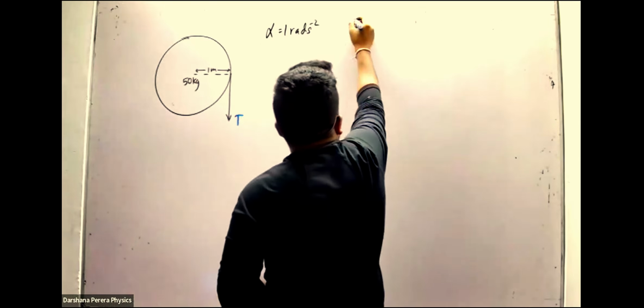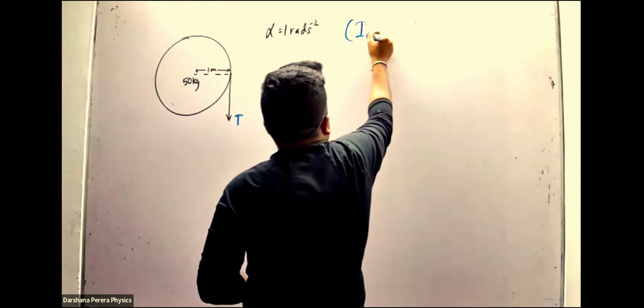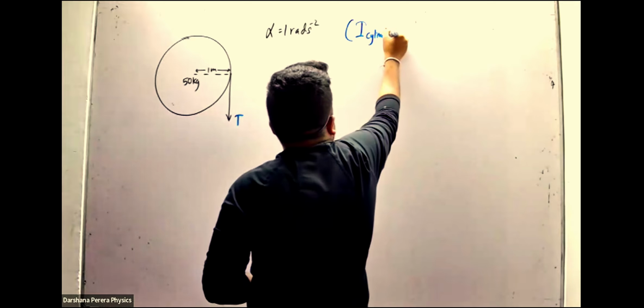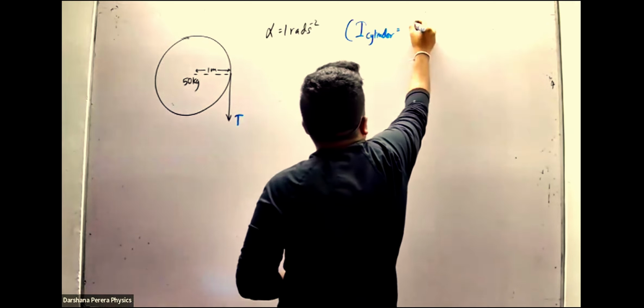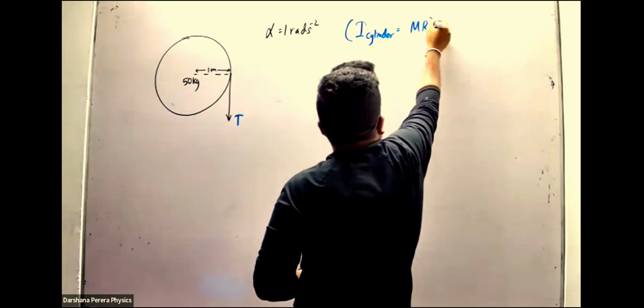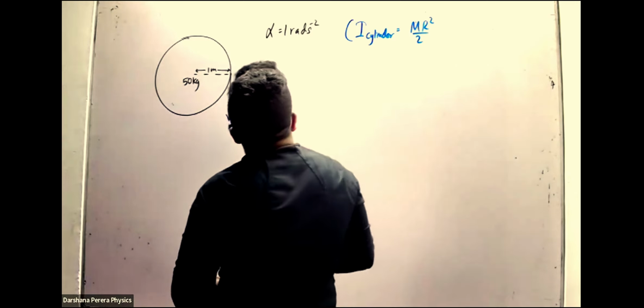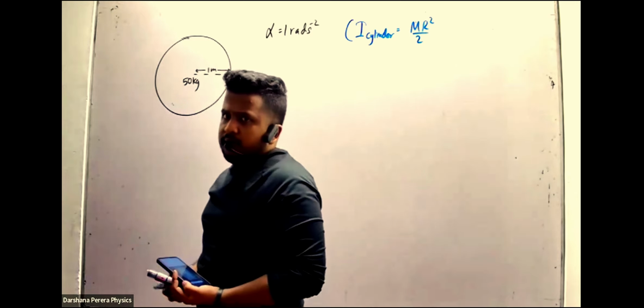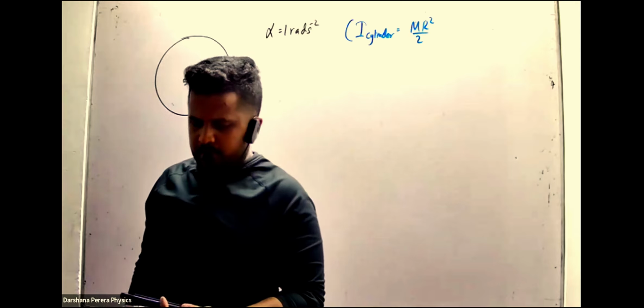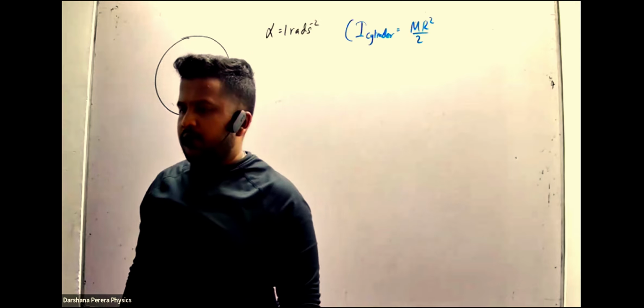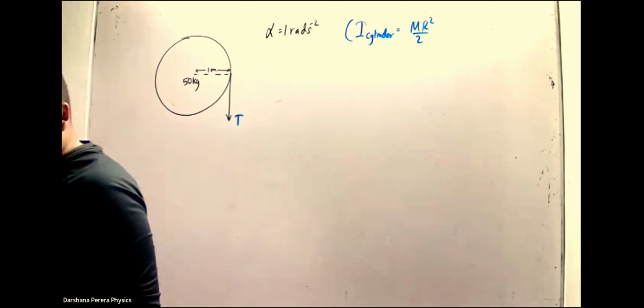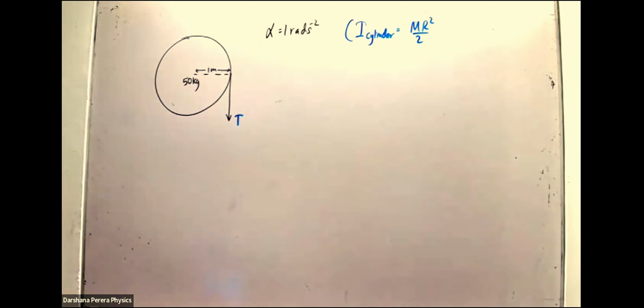In brackets, I of cylinder equals mr square over 2. Okay, find out the answer.